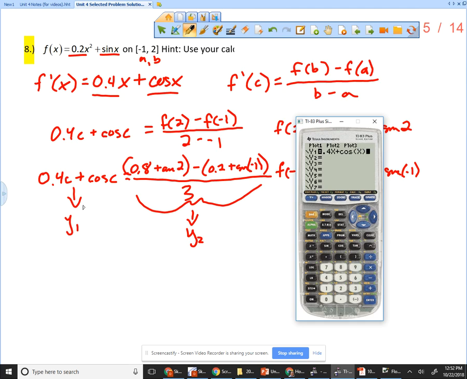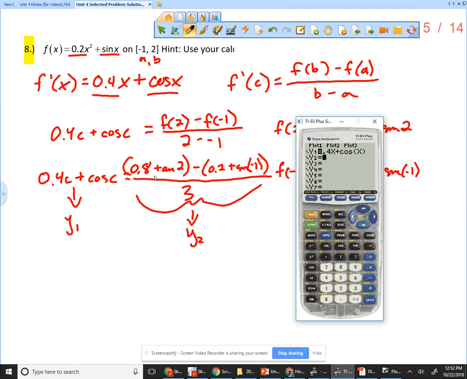It's important to remember that you are plugging in the variable x. But you're using a cosine, so with any trig function, you want to make sure your mode is correct. I'm using the radian mode.